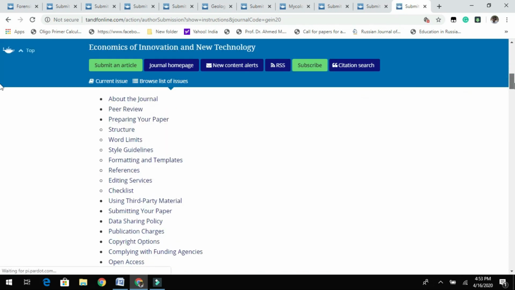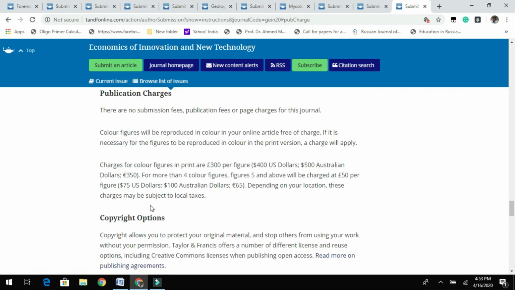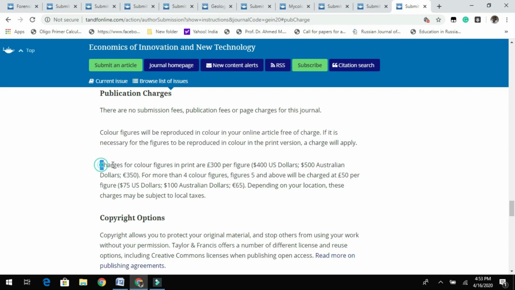If you see publication charges, there is no submission fee, publication fee or page fee for this journal, and the color figures can also be reproduced online free of cost. But if you want your color figures in print version, then you need to pay 400 US dollars.